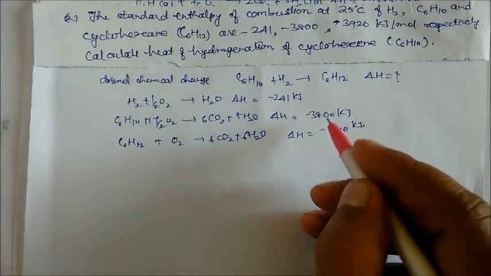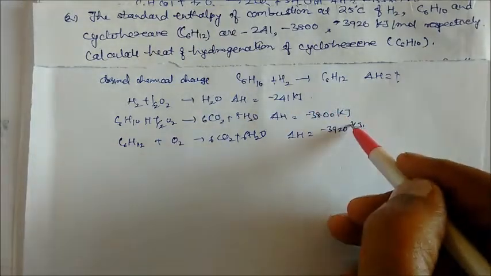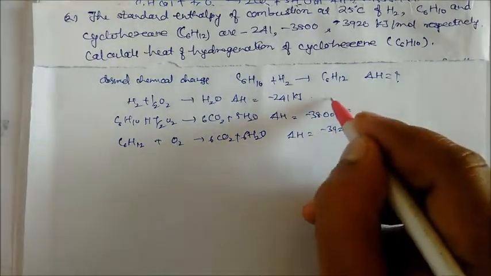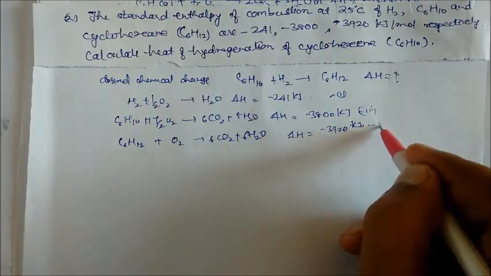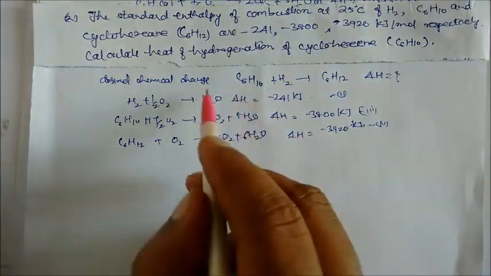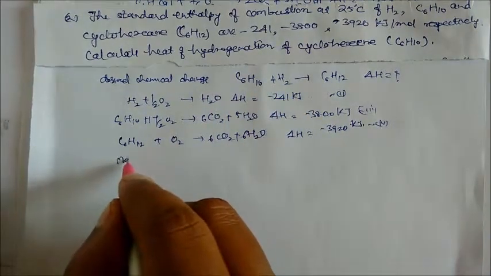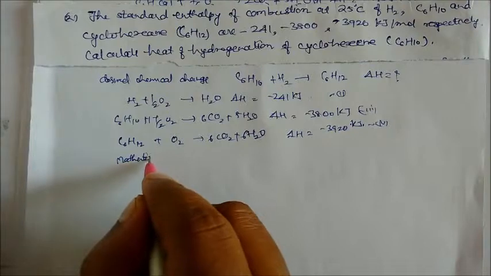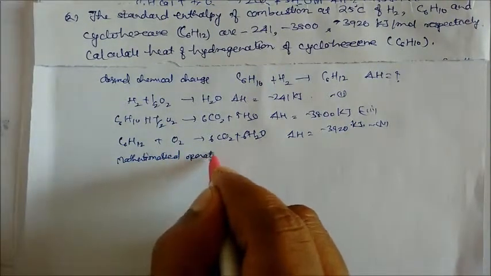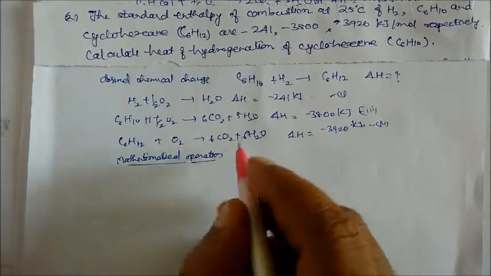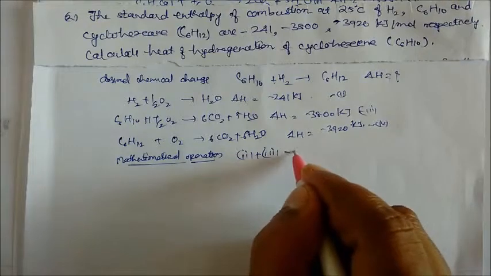So here we have 3 equations given. Suppose this is your 2nd equation, this is your 3rd equation, and this is your 4th equation. To get the desired value we have to do mathematical operations. So add 2 plus 3 and subtract 4.